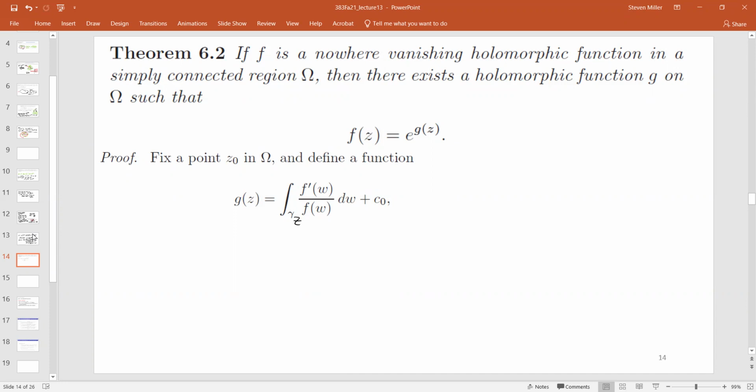Do I have to worry about the function f prime of w over f of w being well defined? Why not? Yeah, f doesn't vanish, so it's well defined as f of z does not equal 0 in omega. What is g of z naught equal to?